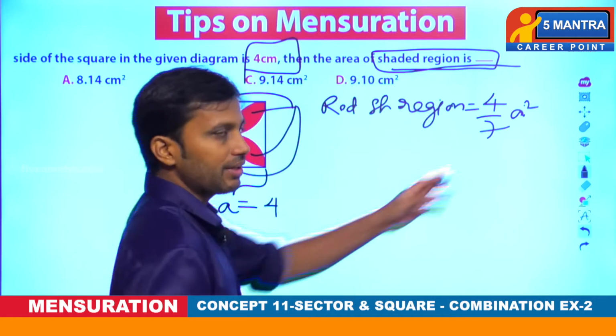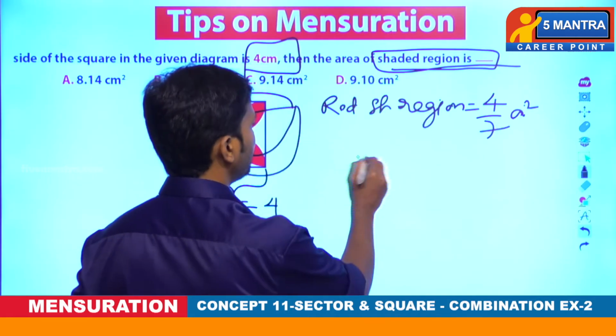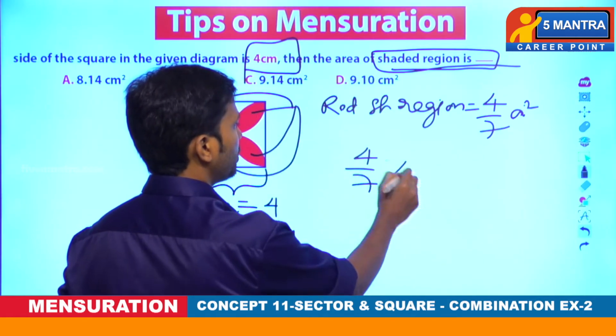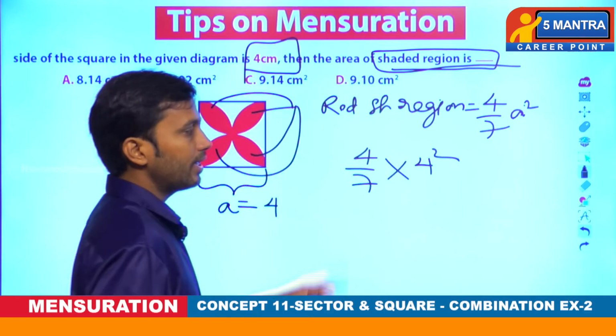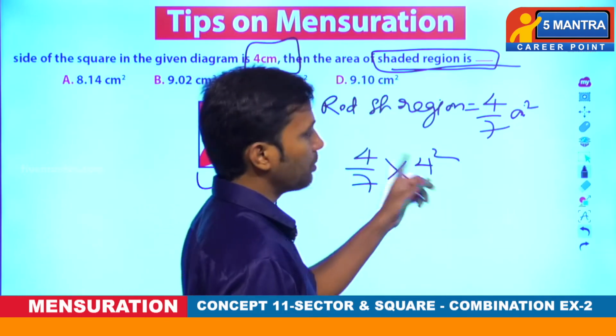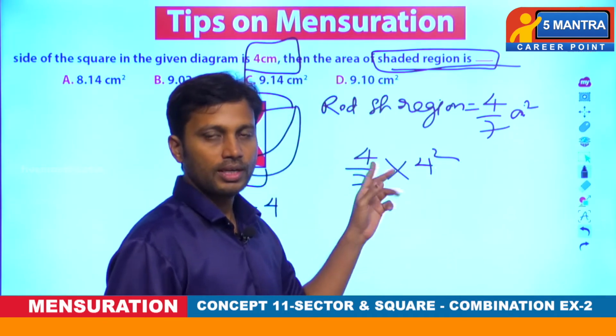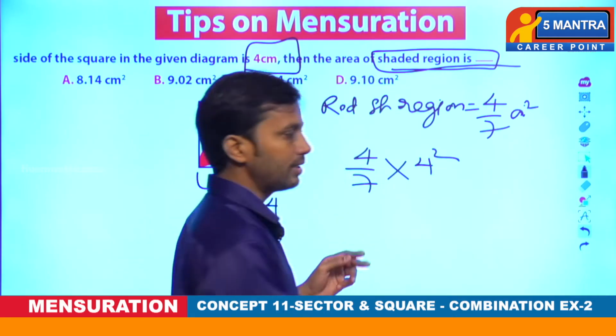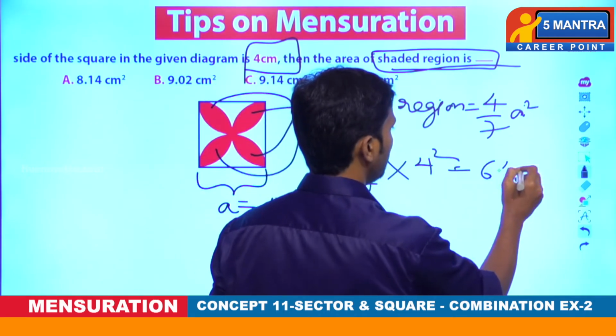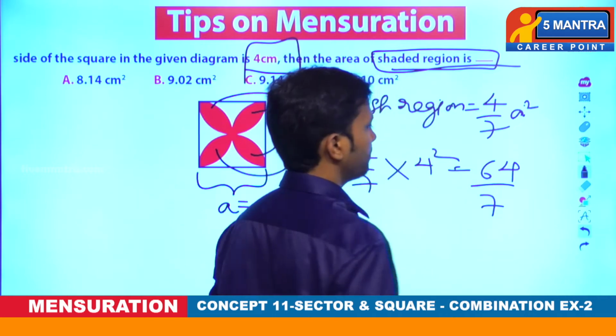So what we have to do is substitute in that. We get 4 by 7 into the value of A, which is 4. That means 4 square, and after simplification that would be 4 cube, that is 4 square into 4, which is 64. 4 4s are 16, 16 4s are 64, by 7. So that would be 64 by 7.